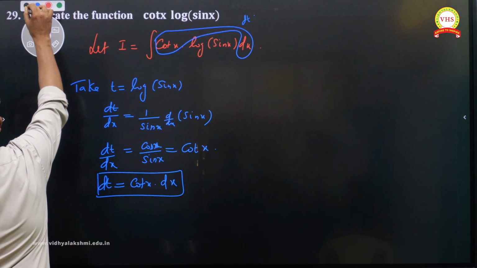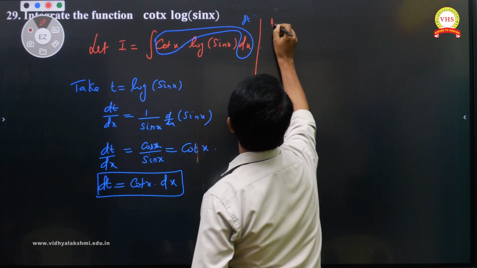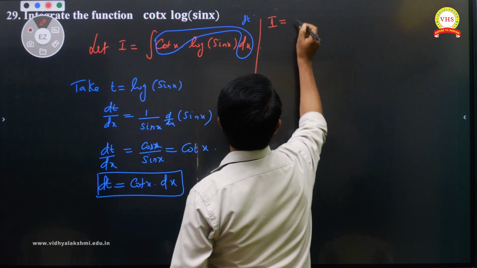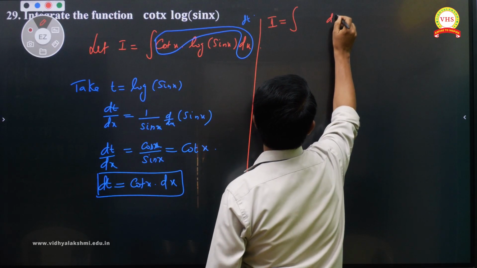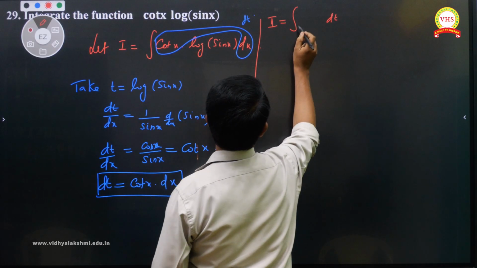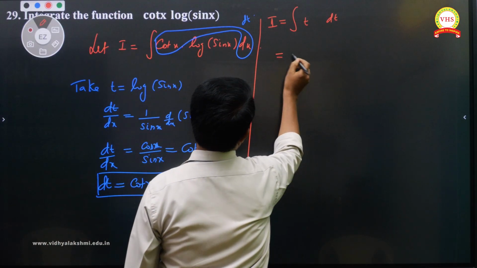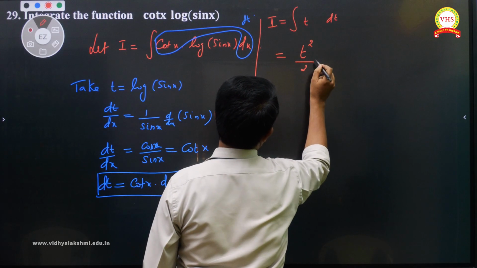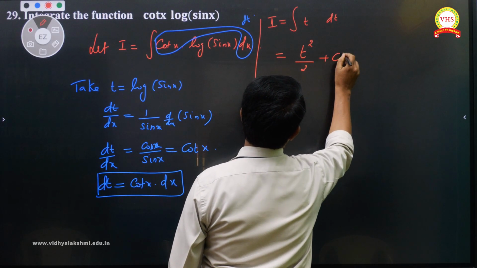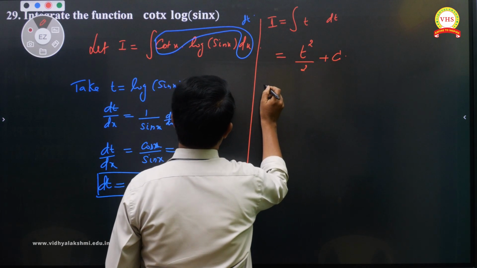I equal to the integral of cot x dx as dt, then log sin x as t. Student, any doubt? It is an easy integration. Now t to the power of 1 plus 1, that is t power 2 divided by 2 plus c. Okay, then what is the final answer? Replace.